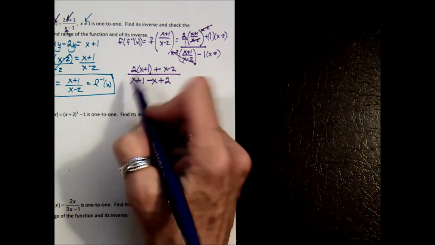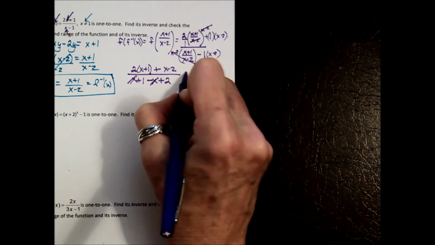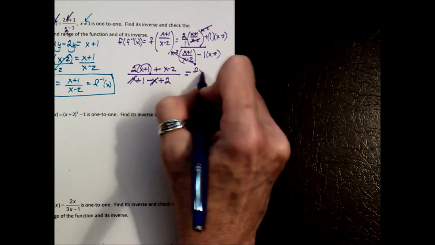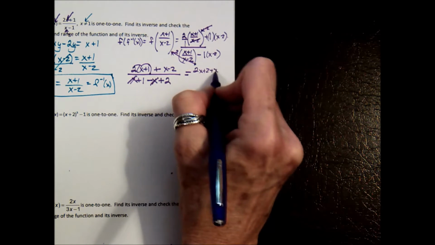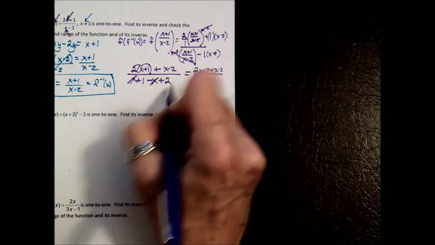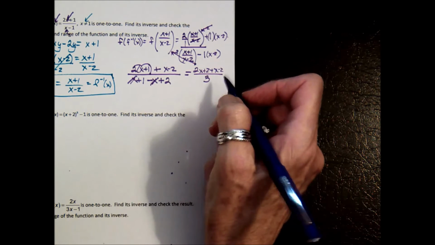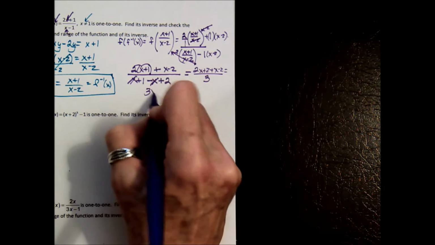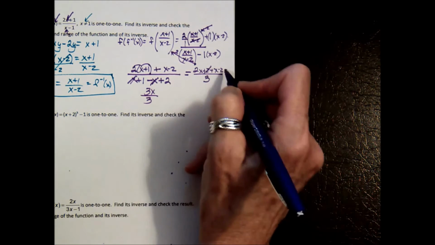X's go away. In the numerator, I have 2x plus 2 plus x minus 2 over 1, and 2x and x is 3x over 3, because my 2's go away, which is just x.